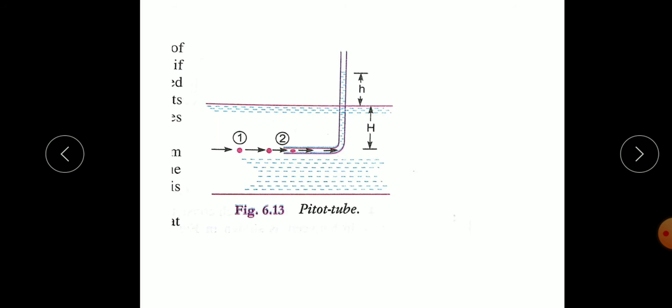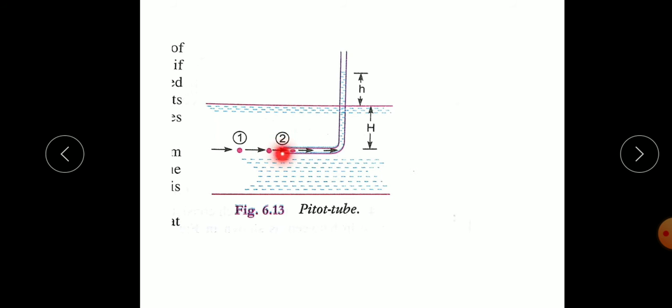So the principle of this pitot tube: at point 1 the fluid is coming at some velocity, so that is flowing. But as the fluid enters the pitot tube, the flow will be stopped because there is no path to travel here.